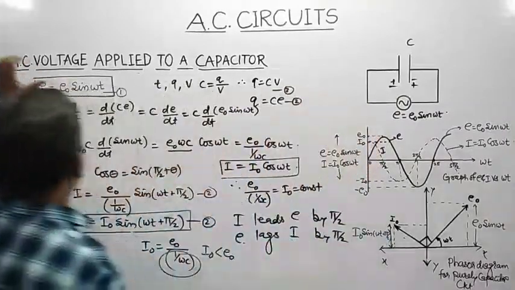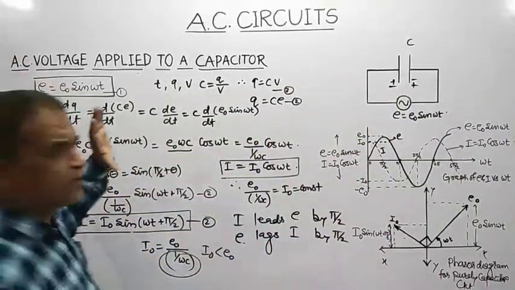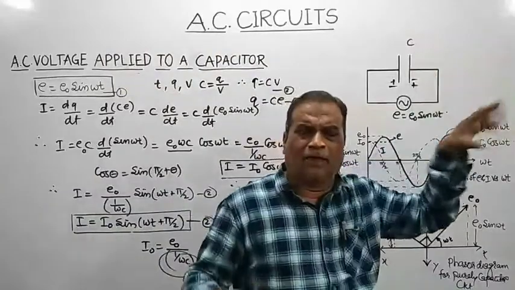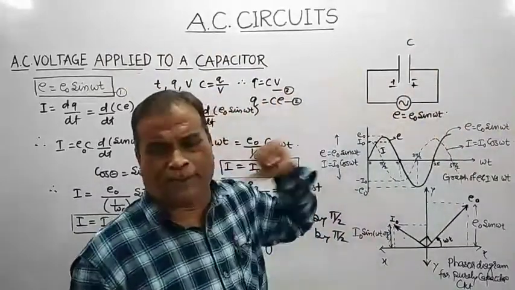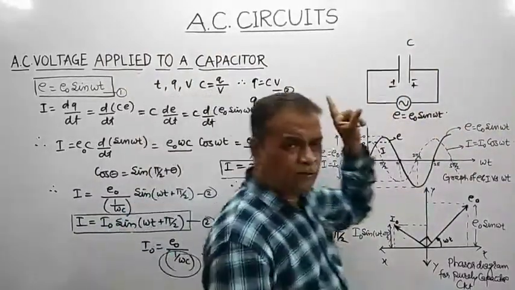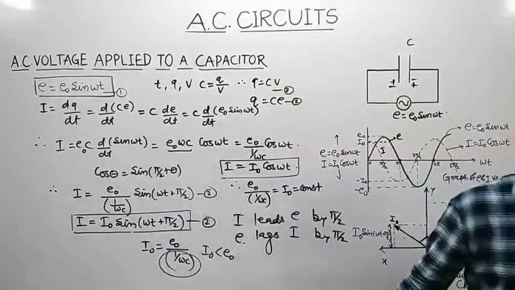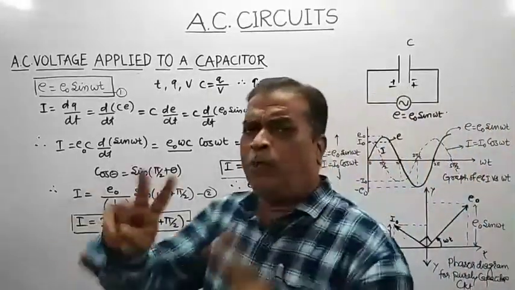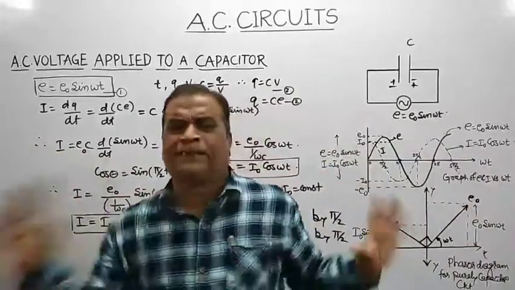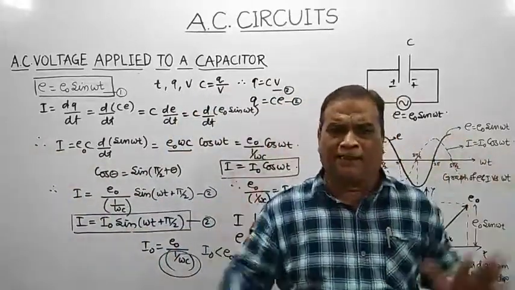So this is about what happens when alternating current or alternating voltage is applied to a capacitor. Remember, whenever we study AC voltage applied to a capacitor, we want to find out the relationship between alternating current and alternating EMF.